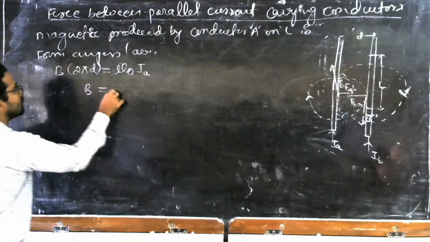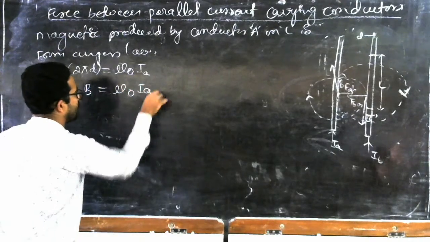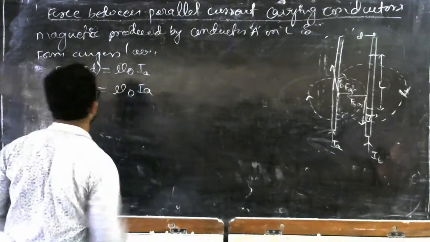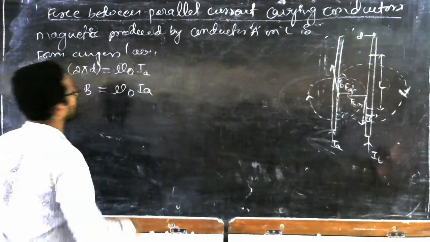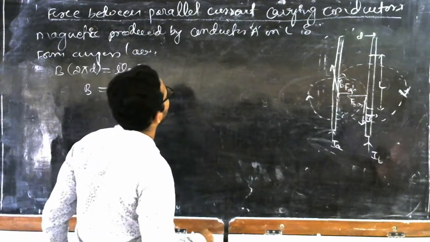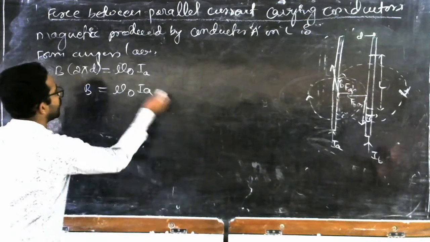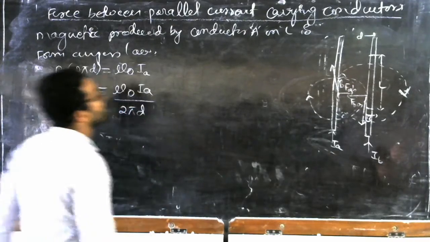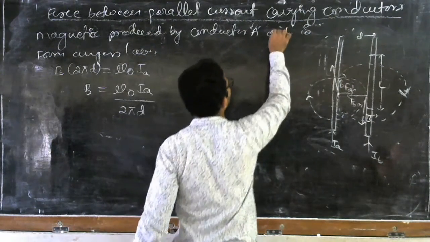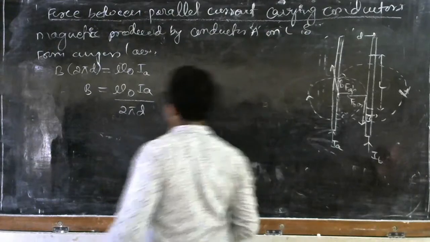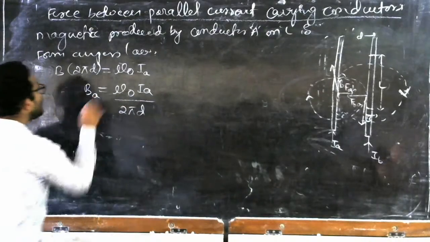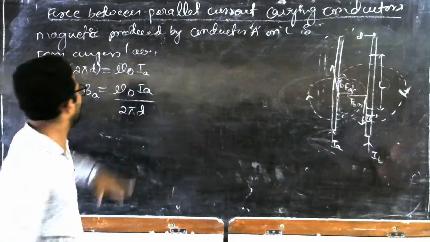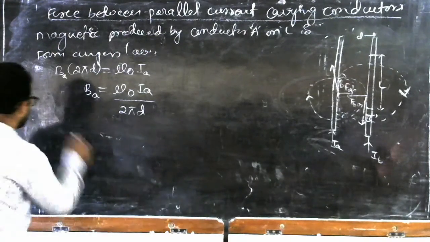So B times 2 pi d gives mu naught times I_A, where I_A is the current enclosed, that is in conductor A. So B_A is mu naught I_A divided by 2 pi d. That is the magnetic field due to conductor A.